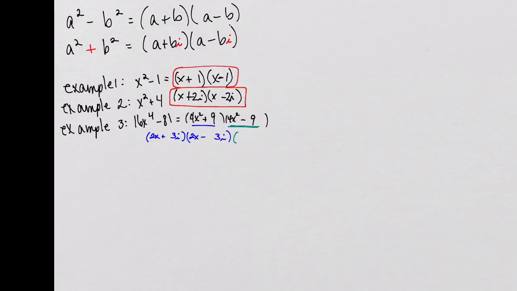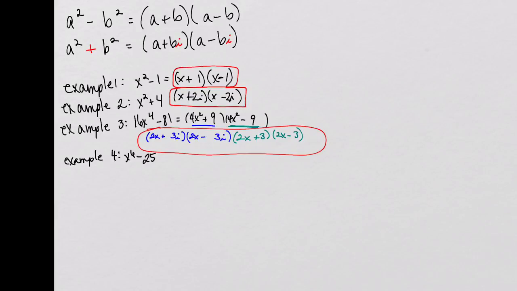So again, this looks almost like when I was factoring the sum of squares. So I'm going to have almost the same factors, except this one just won't have an i in it. So now this is factored fully. So it's important that you look for factoring again in case it is possible.